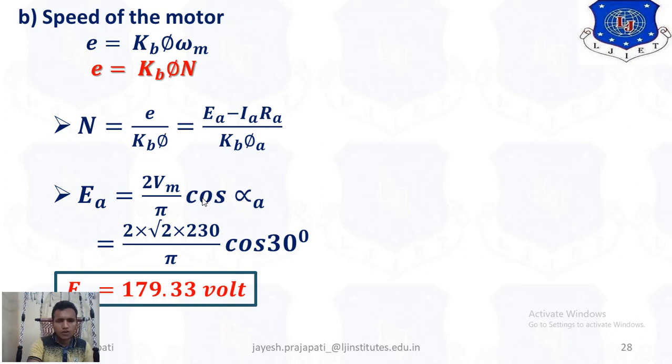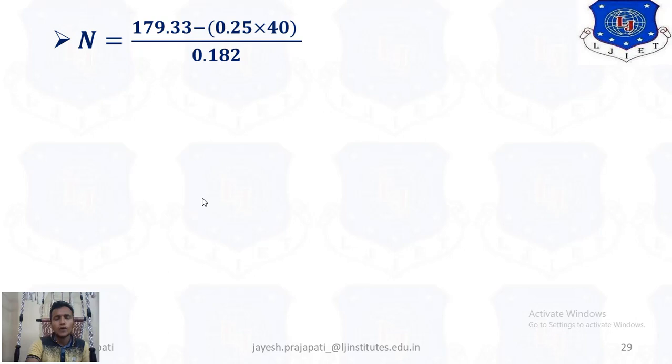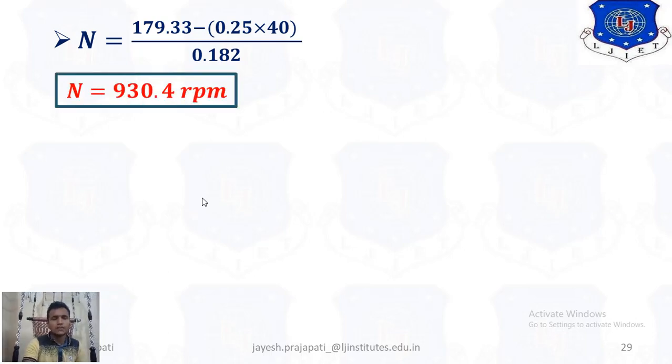Now we substitute into this, then N is equal to 179.33 minus IA into RA, that is 0.25 into 40 ampere, divided by 0.182. So N is equal to 930.4 rpm.